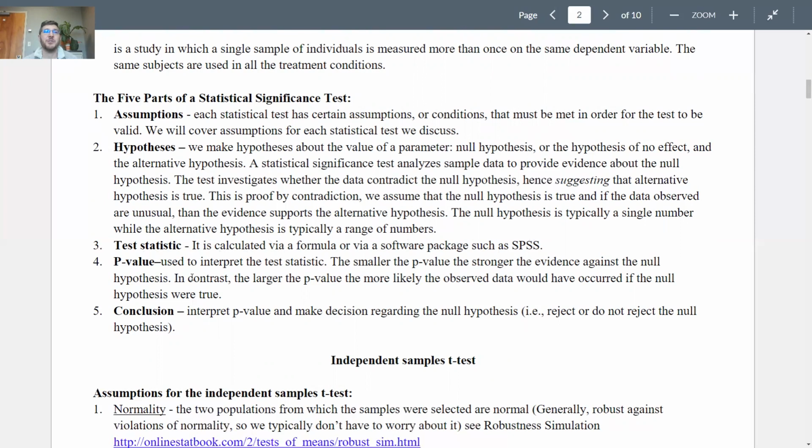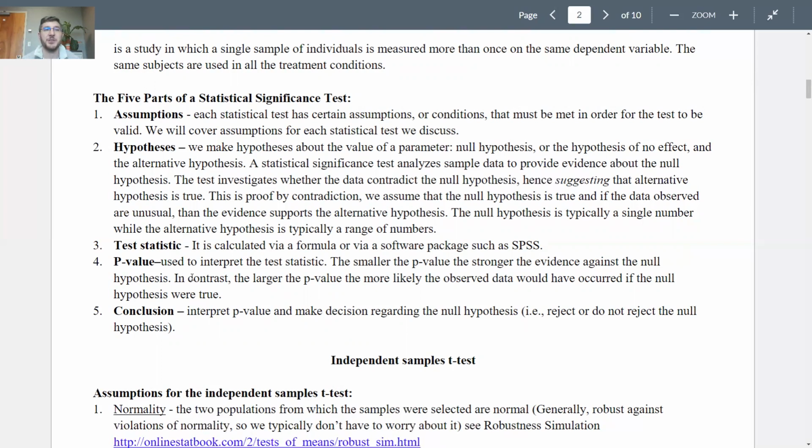So the p-value is really the probability of observing the data that you have, given that the null hypothesis is true. So we're working under the assumption that the null hypothesis is true, and we want to know, well, if the null hypothesis were in fact true, how likely is it to observe these sample data? How likely is it that we would have found a mean difference between these groups of this large?